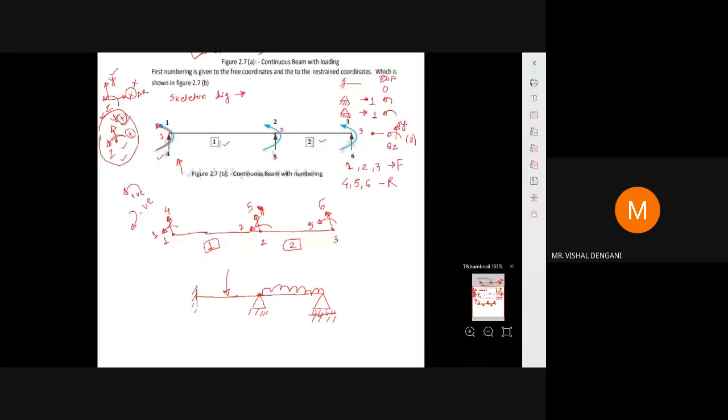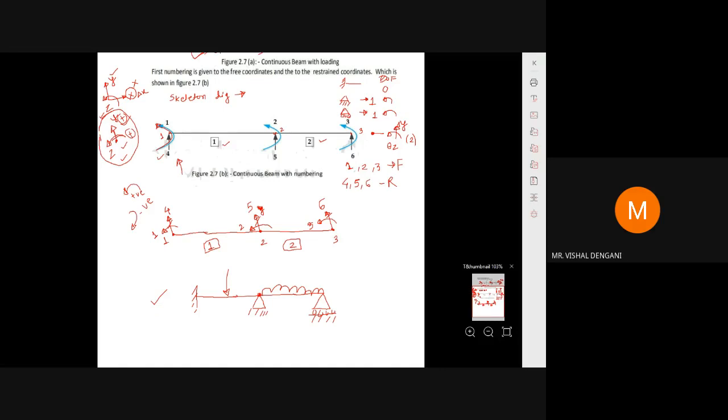Okay, and there is a different type of loading acting on this beam. So suppose it is asked to find out the degree of freedom for this structure. So what is the degree of freedom? Because it is very important to understand how to find out the degree of freedom.